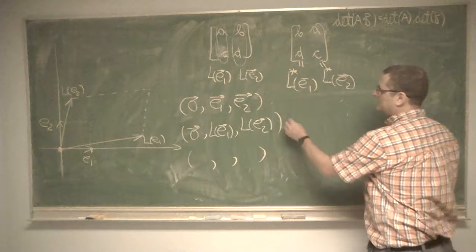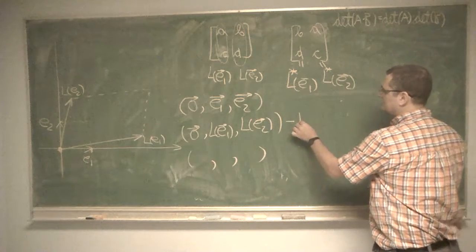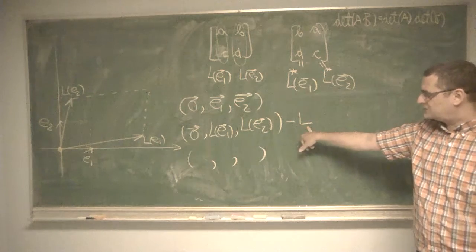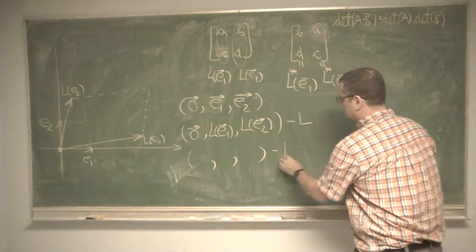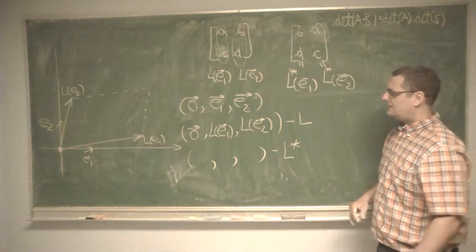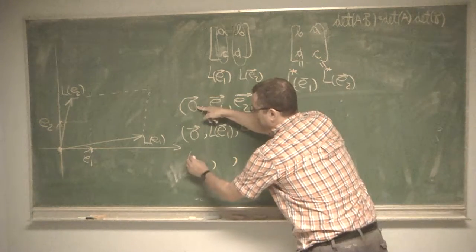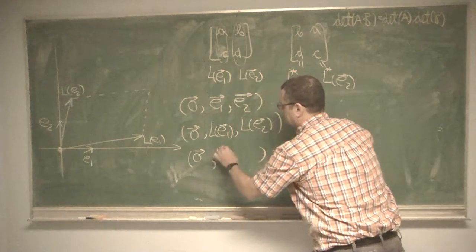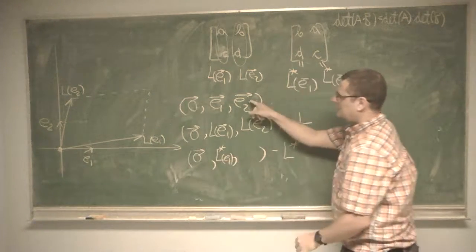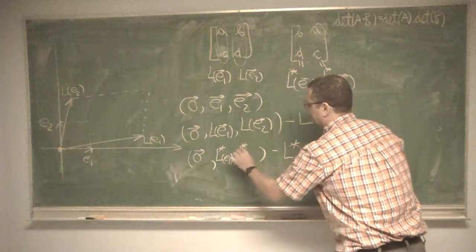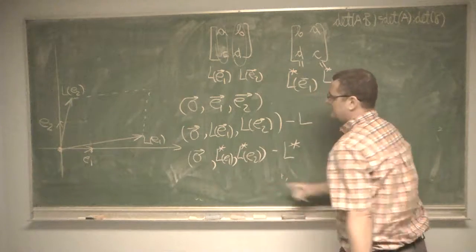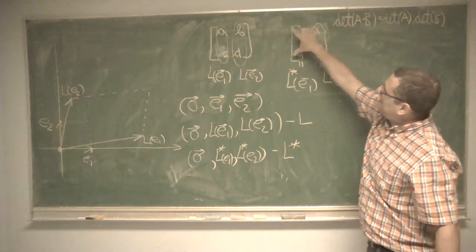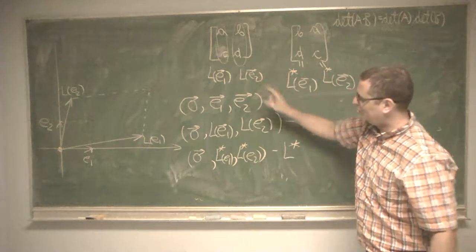Well, this triple is the triple that I use to determine the orientation of transformation L. But to determine the orientation of transformation L star, I take L star of 0, that's 0, L star of E1, and L star of E2. But L star of E1 is the vector B, D, that's L of E2.